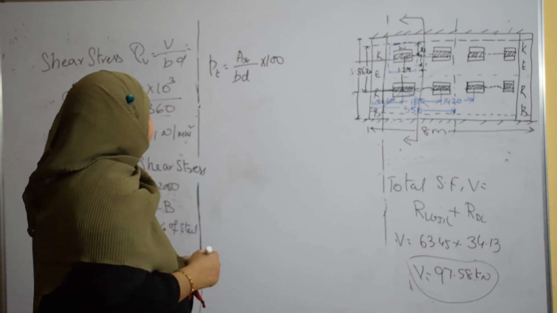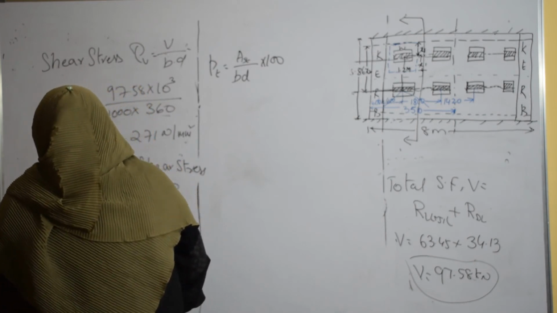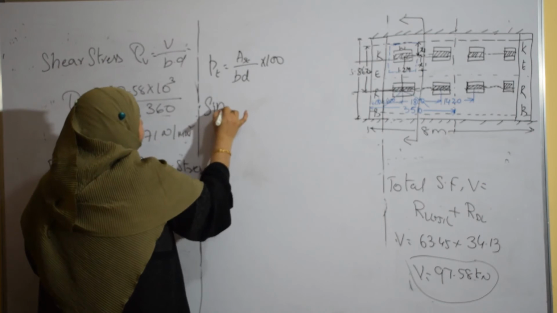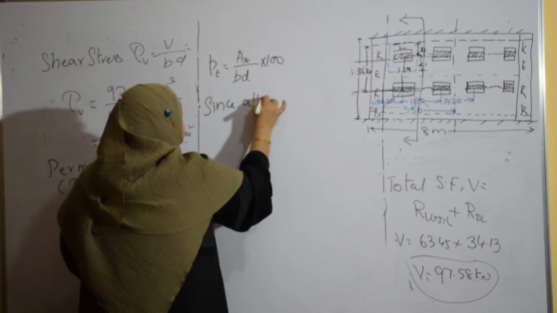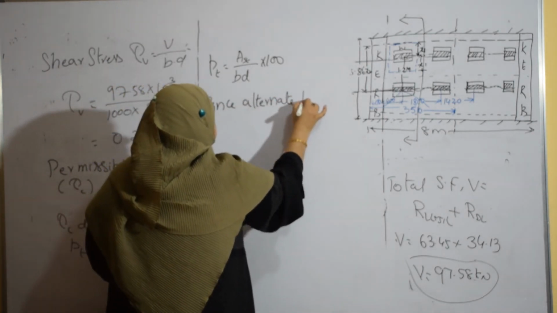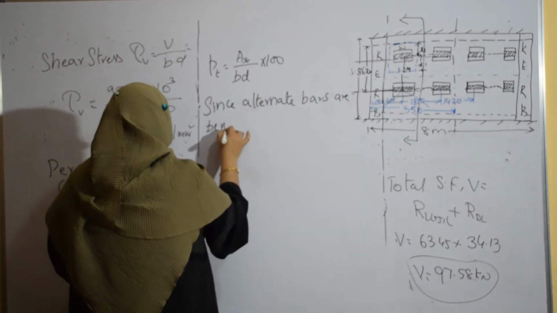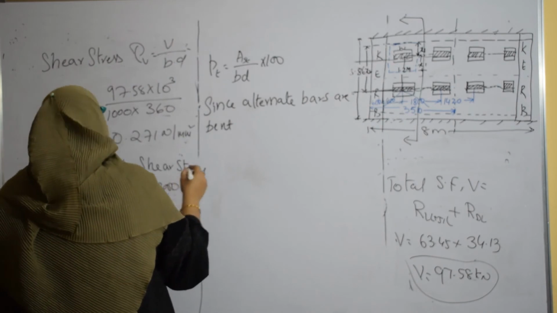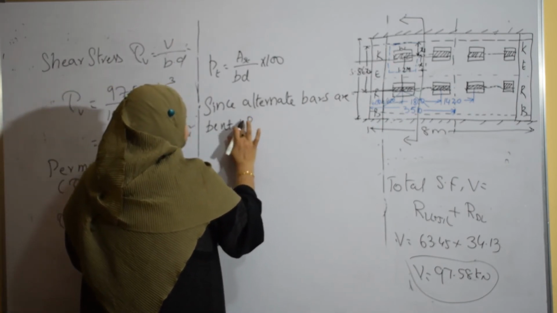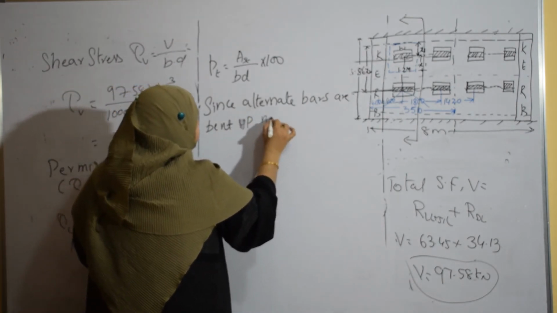So you can write: since alternate bars are bent up near the support.